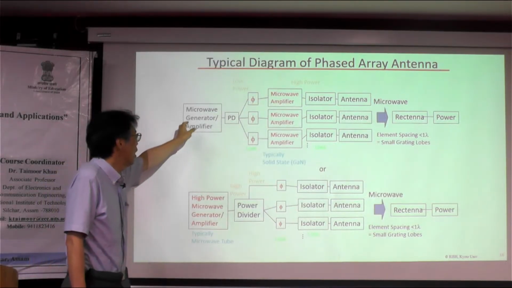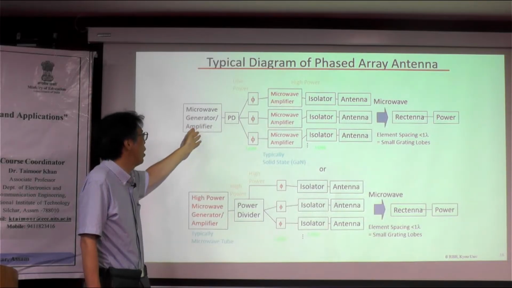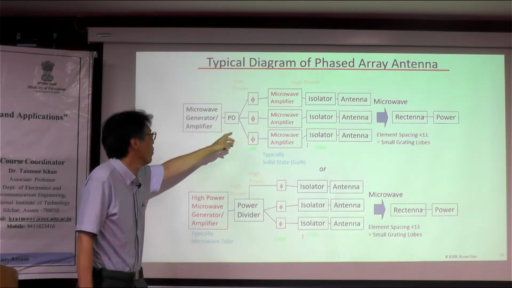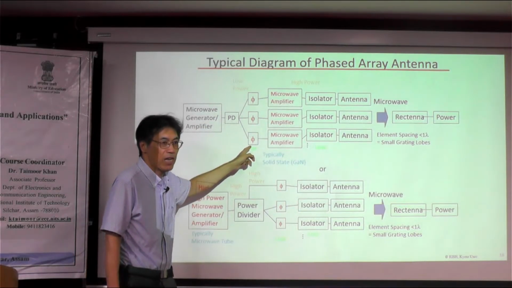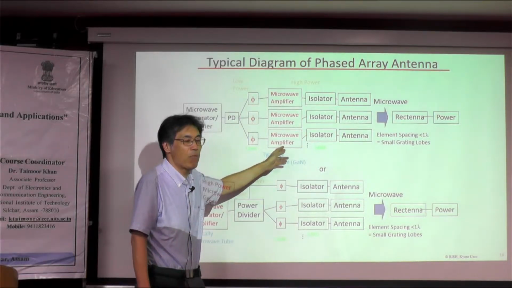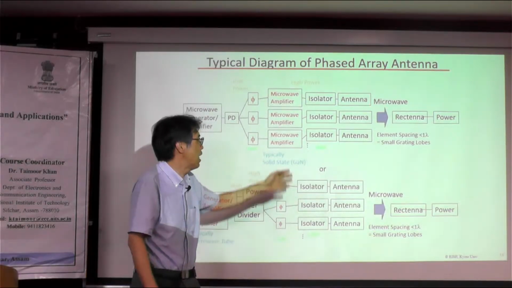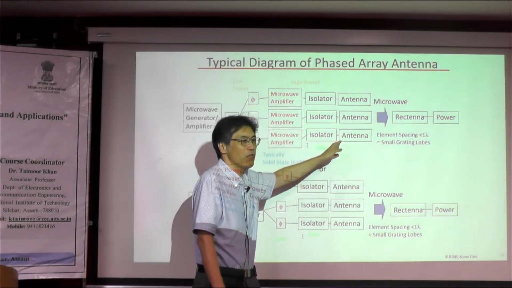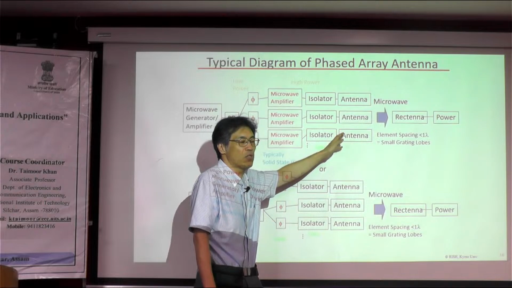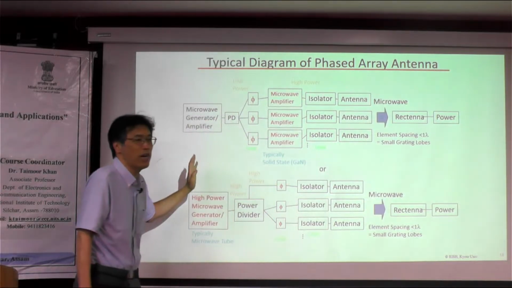And we add a power divider, and after the small power generator, we add the phase shifter. And after the phase shifter, we add the microwave amplifier to increase the total power and isolate it, etc., and the antenna at the last stage. It's a typical phased array antenna.